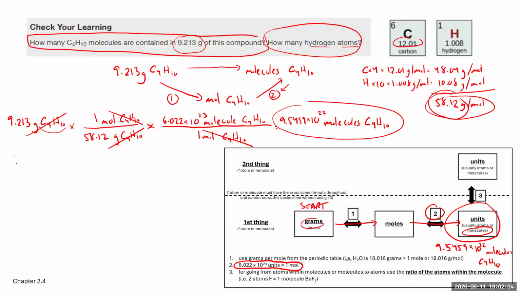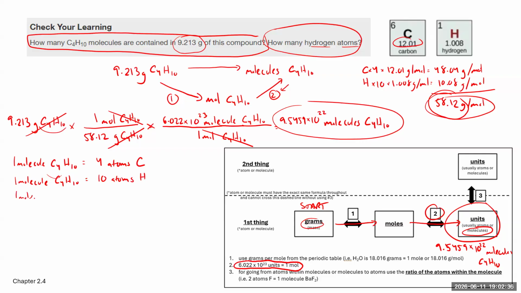If we have 1 molecule of C4H10, how many carbon atoms do we have? Well, we have 4 atoms of carbon. If we have 1 molecule of C4H10, we have 10 atoms of hydrogen.